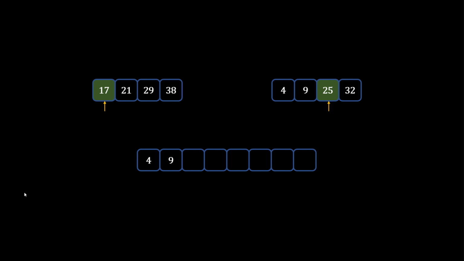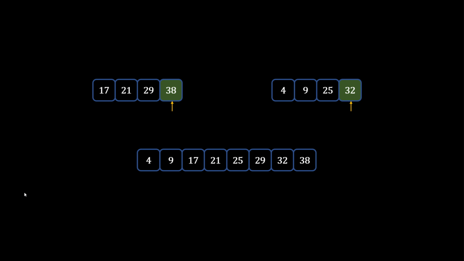And after you put that into the sorted array, you move the pointer. So now you are at 25. Now you compare 17 with 25. Which one is smaller? Well, 17. You put 17 here, and now you move the pointer on the left array. So now you are at 21. You again compare 21 and 25, put 21 here.